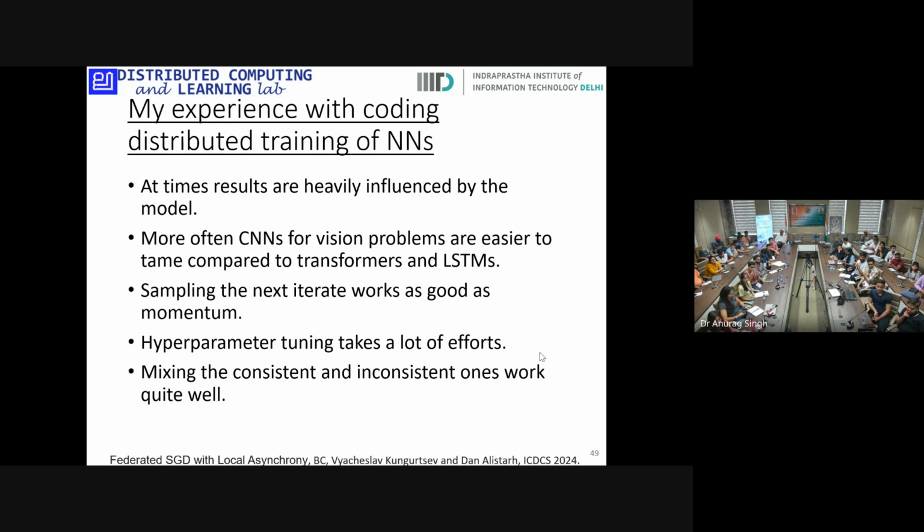Sampling the next iterate works as well as momentum. Well, what is momentum? I haven't talked about it, but let it be. And hyperparameter tuning takes a lot of effort. Some of you, I'm pretty sure, would go into research. As a graduate student, the moment you enter this domain of machine learning research, the first thing your professor is going to assign you is hyperparameter tuning.